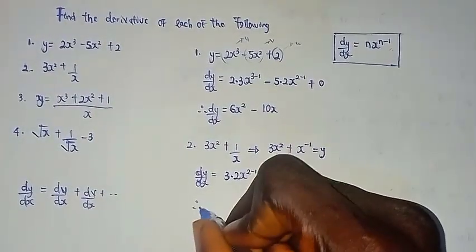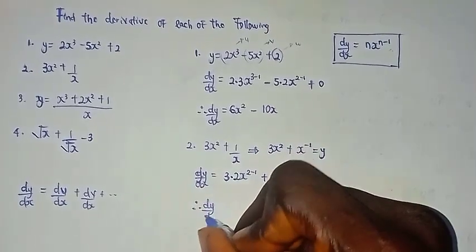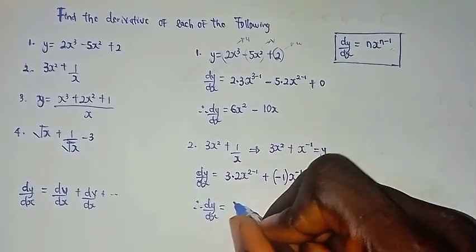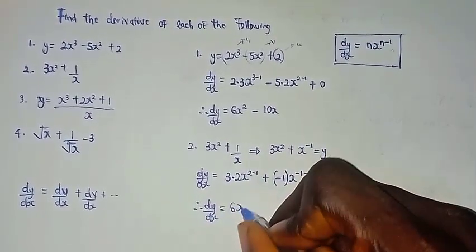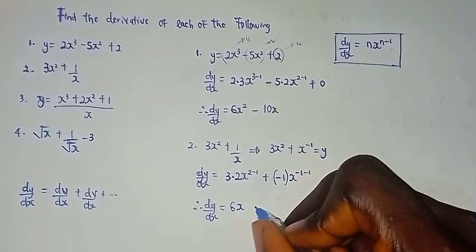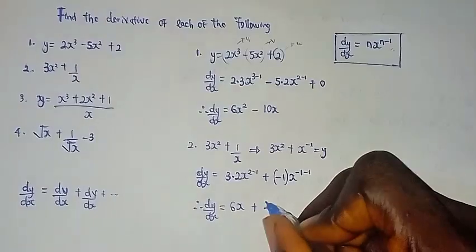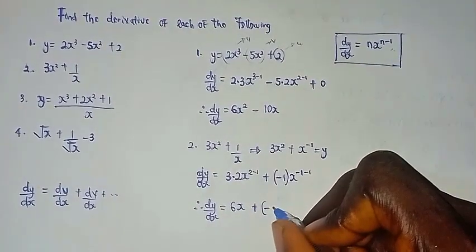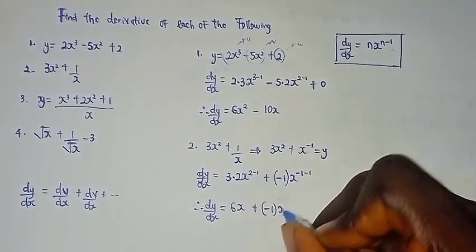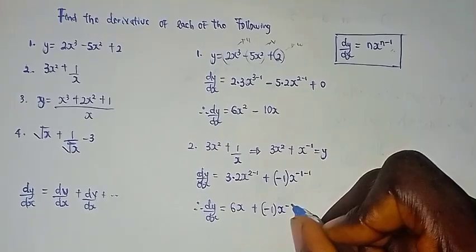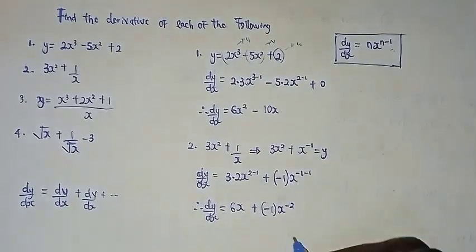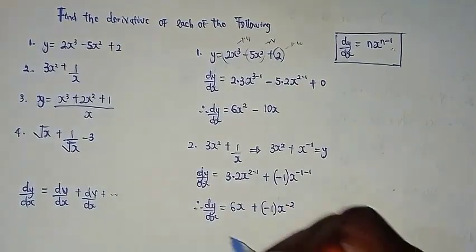Subtract 1 from the power. So our dy over dx becomes 6x plus minus 1 times x, and then this is minus 2. We can simplify this further.